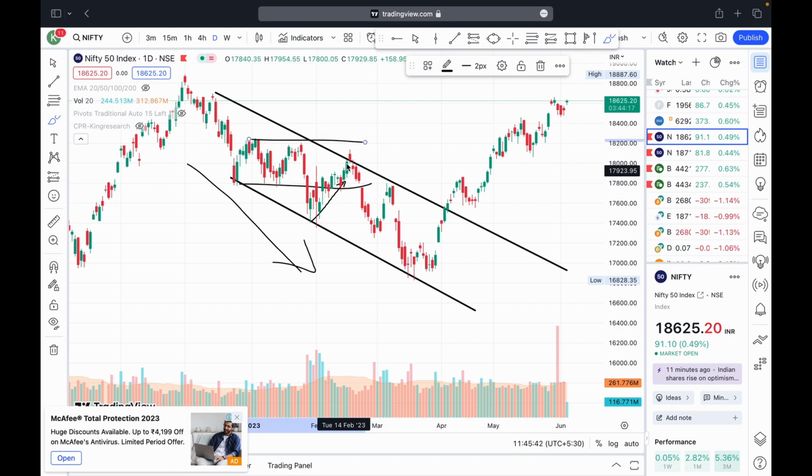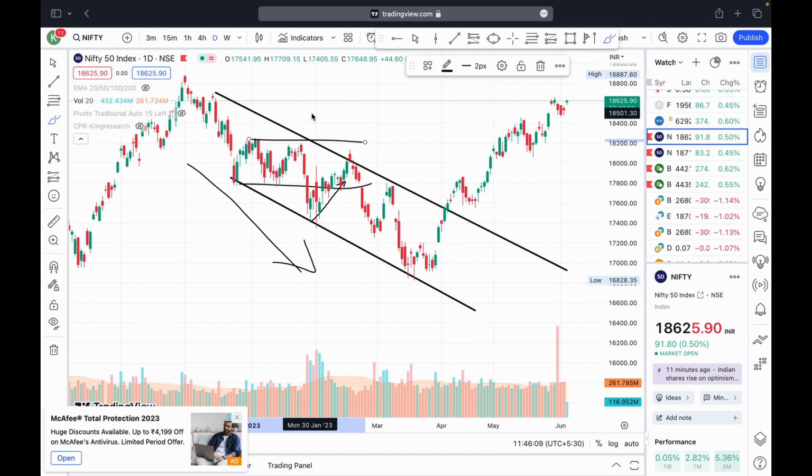Whenever channels form, either in an uptrend or in a downtrend, this indicates there is a weakness in the movement and anytime that direction could change.